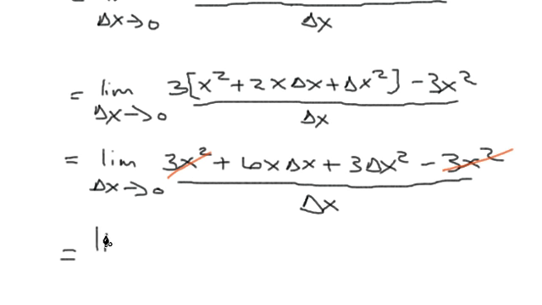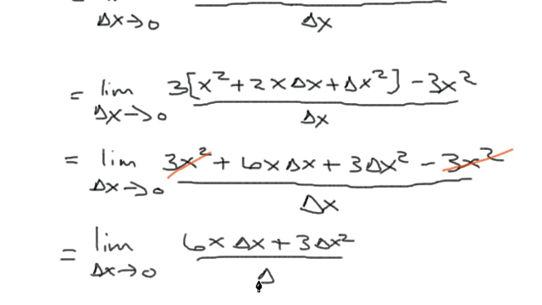So we have the limit as delta x approaches 0. We have 6x delta x, I'll just go ahead and rewrite, plus 3x squared delta x.